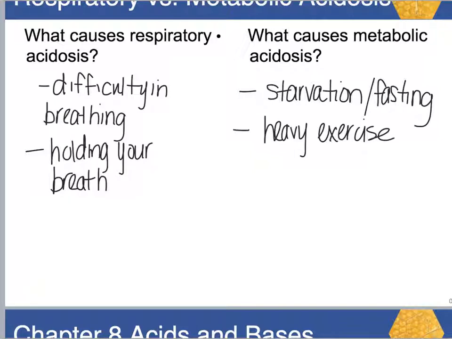Specifically, exercise, you produce huge amounts of lactic acid. And that's what makes the muscles feel tired and sore. But it lowers the pH of the blood because the lactic acid is now in the bloodstream. And that's also what can then lead to rapid breathing and dizziness. And it's not really, again, because you're trying to get more oxygen, but it's because you're trying to get the CO2 out of your system.